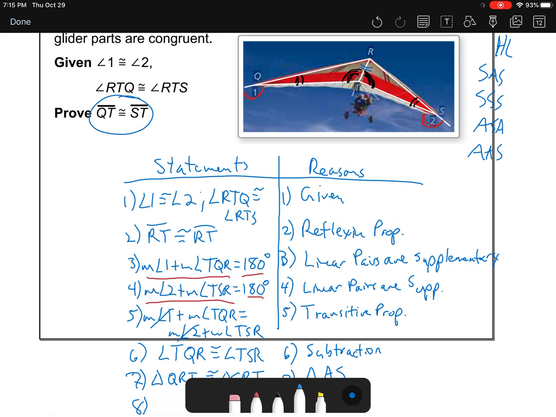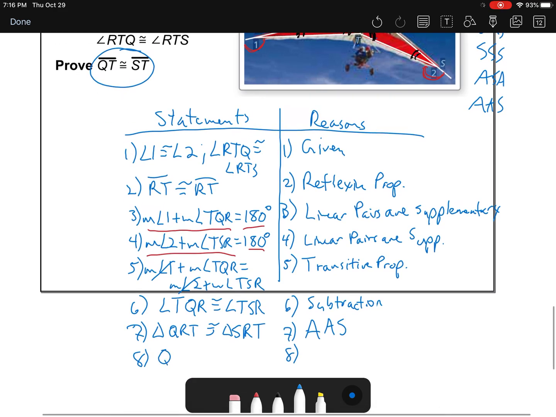Well, let's see. If we could fold those two glider wings together, and we've proven that the triangles are congruent by angle, angle, side, then wouldn't QT and ST be the same length because the triangles are congruent?